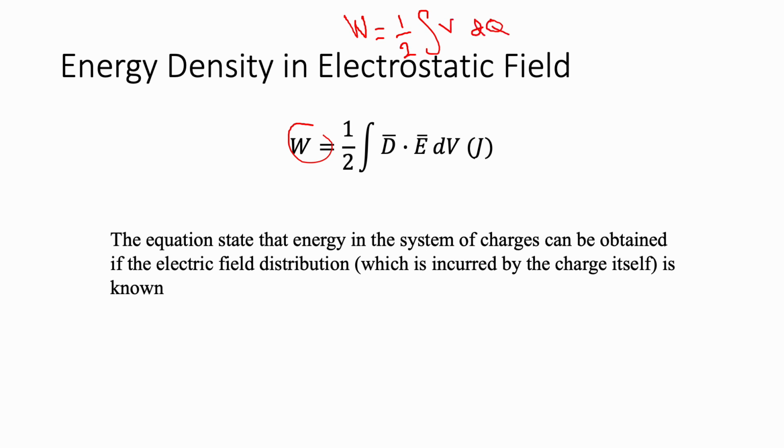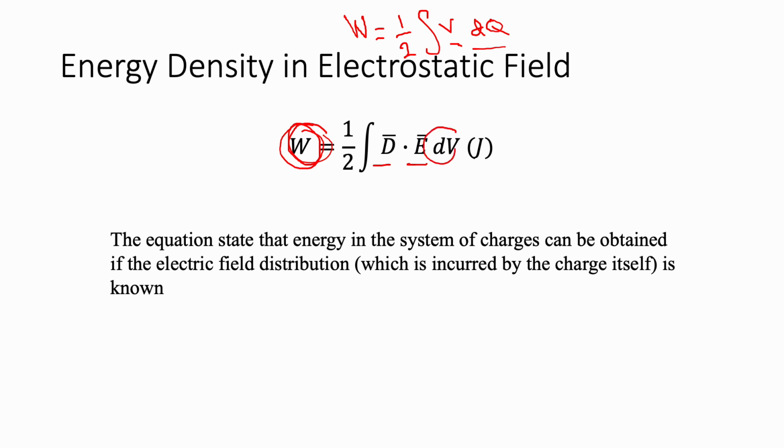Now there's another alternative formula that we can also use to measure the energy density or the work, which equals half the integration, but instead of V dq, we use D dot E dV.